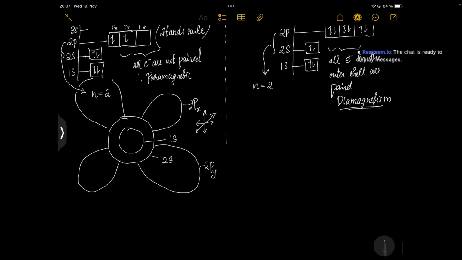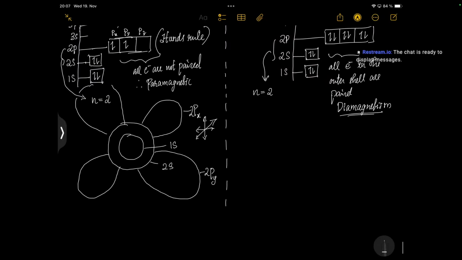Now, in the case of neon, we could see the z orbital. I don't know if I could draw it in a better way, but that would be the 1s.